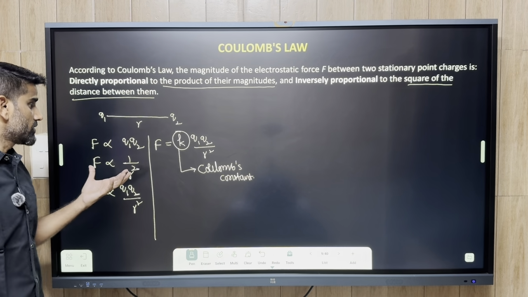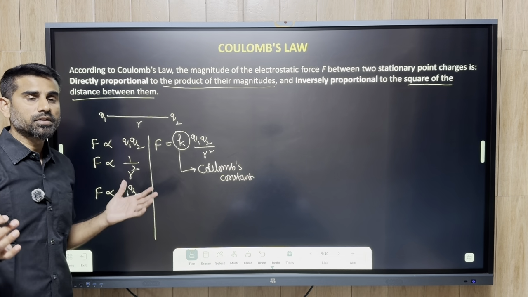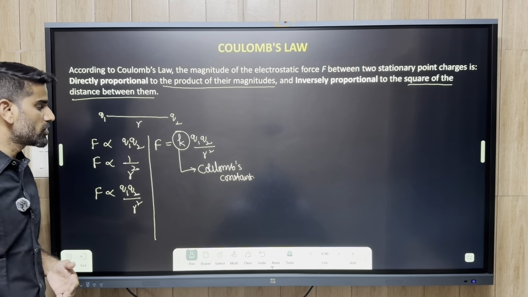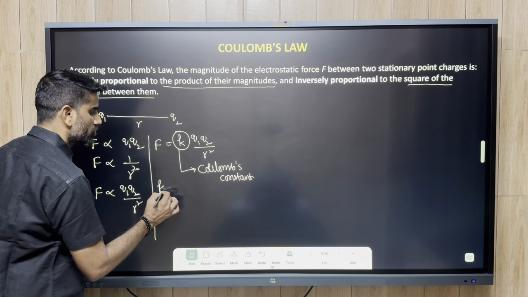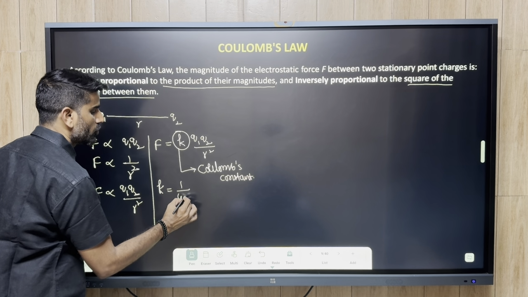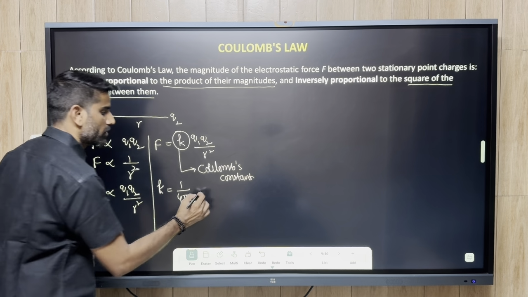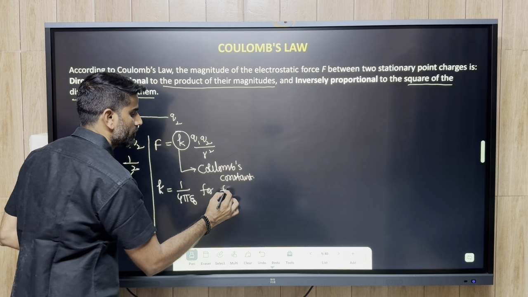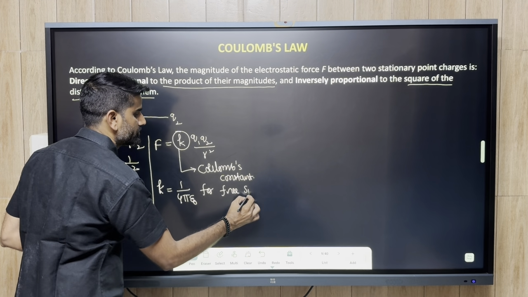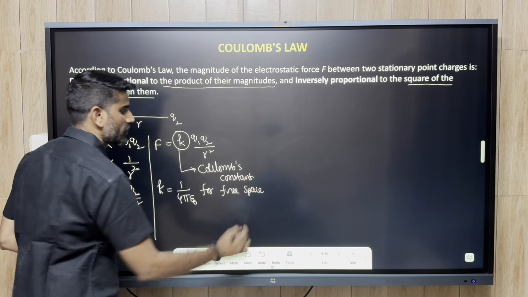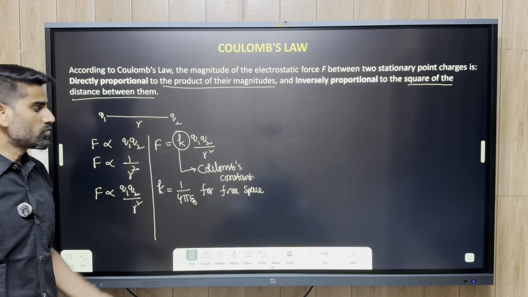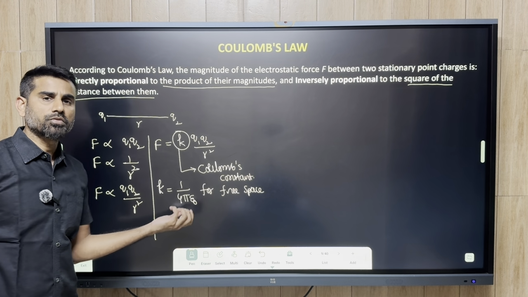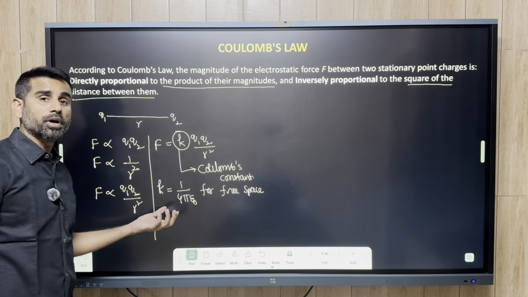When this entire analysis is performed in free space, air medium or vacuum medium, this K value comes out to be 1 by 4 pi epsilon naught. We know the pi value, which is 3.14 or 22 by 7.